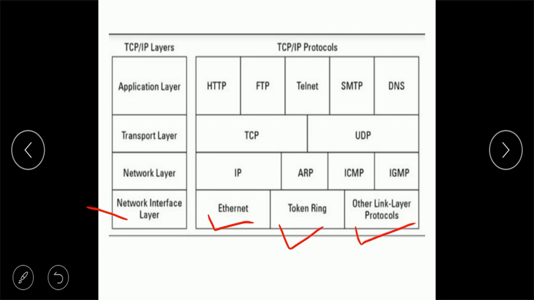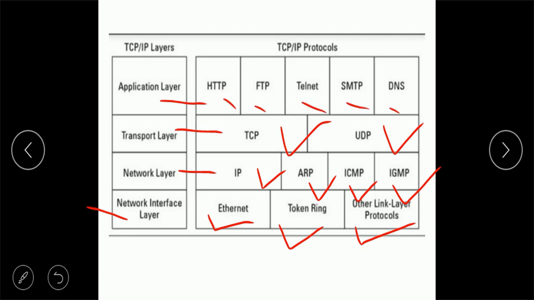In the network layer, there are IP, ARP, ICMP, IGMP. In the transport layer, TCP and UDP. In the application layer, HTTP, FTP, Telnet, SMTP, DNS. Afterwards, you will learn about some of these protocols in your syllabus. So let us see how the different layers of TCP/IP work.